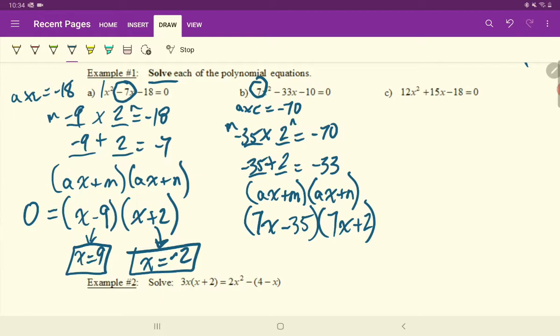Okay, but we need to reduce each bracket. So let's do that first. So we can reduce this first bracket. 7 goes into both. So if I divide by 7 there, divide by 7 there, I'm left with (x minus 5) times (7x plus 2).